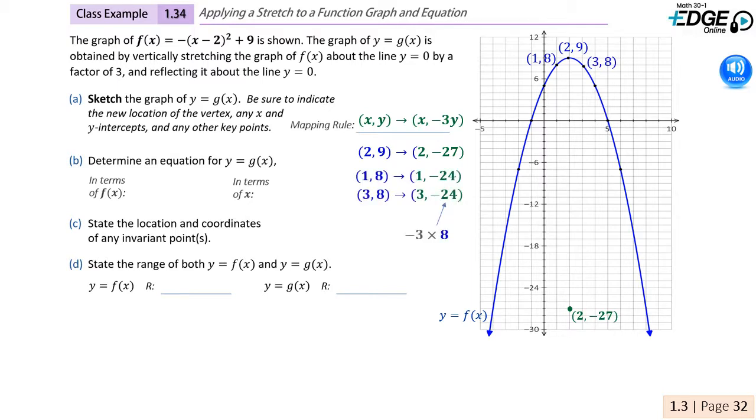We're asked to repeat this same process and to indicate the new location of the x and y intercepts and other key points. Given that we're graphing a parabola, the vertex and the intercepts are basically all of the key points. If we had a more complicated polynomial function or a piecewise function, we might have some other local minima or maxima to indicate, but here the intercepts and the vertex would probably be sufficient.